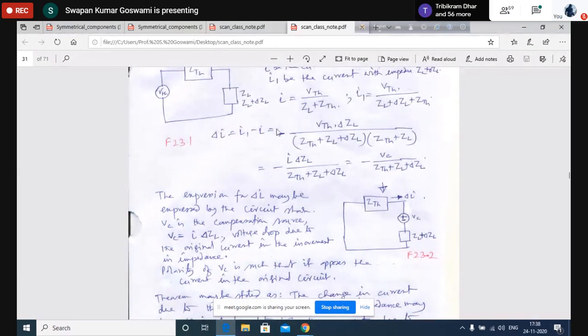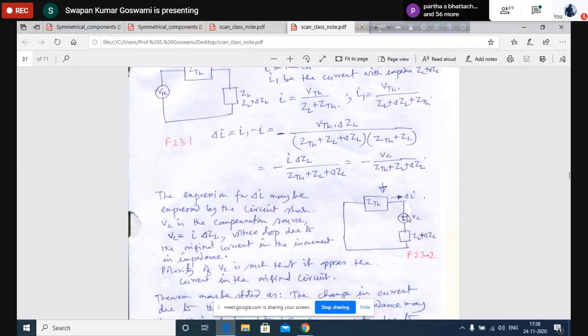You see that we want to find the change in current through this branch. So in this branch we are putting a compensation source VC. ZL plus delta ZL is the impedance of this branch after the change, the resultant impedance. Along with that, we are putting a compensation source.